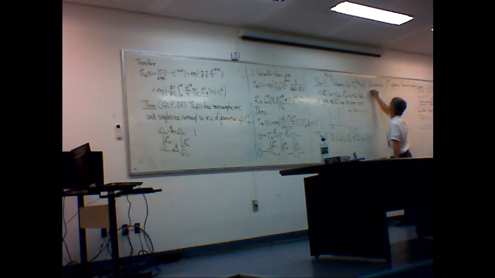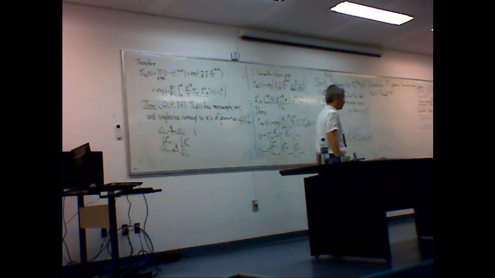Then this semi-classical zeta function, or Gutzwiller zeta function, is actually the Selberg zeta function, plus one half. There's some shift, but it's not important.